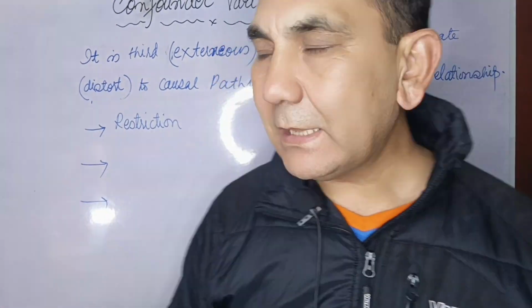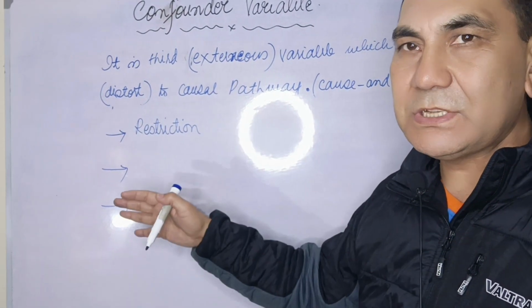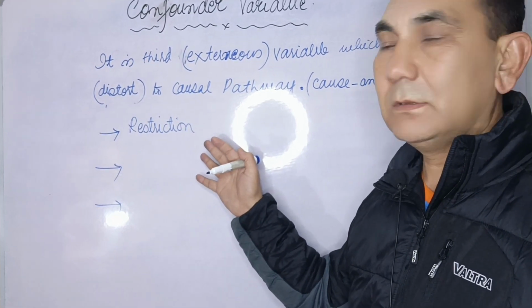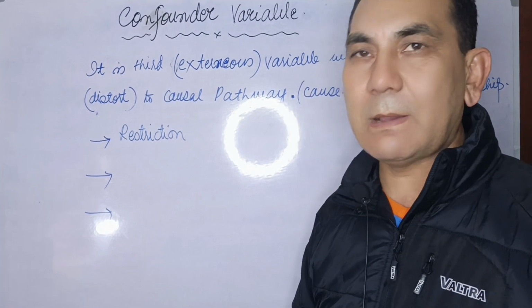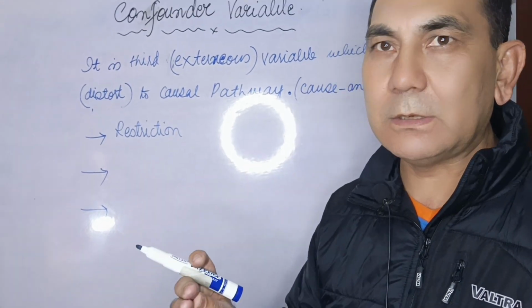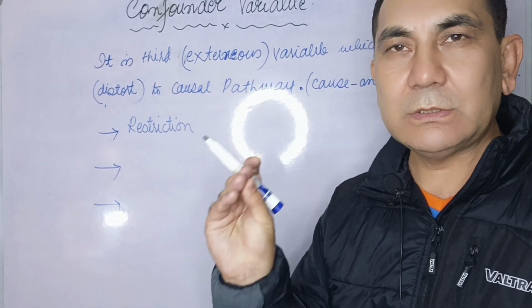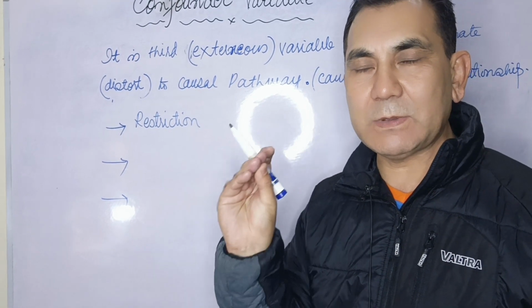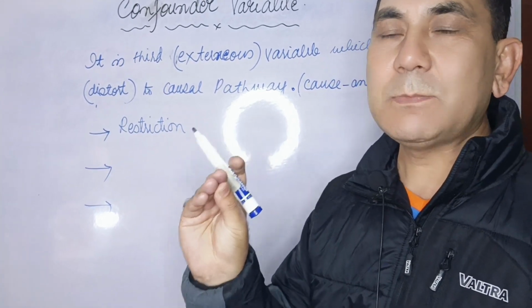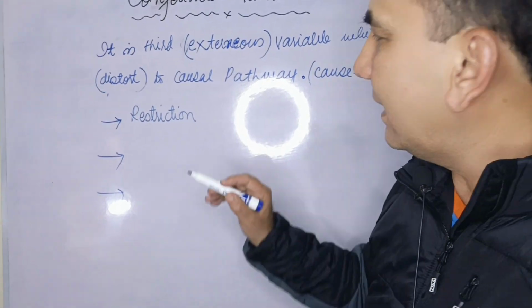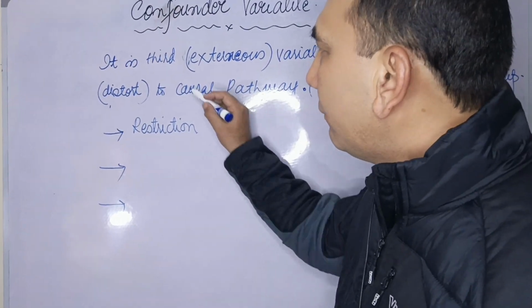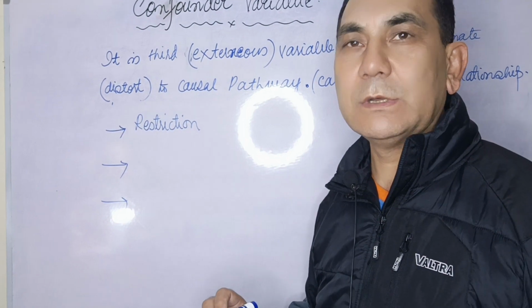Every method has some advantages and disadvantages as well. Restriction means restricting the sample to a specific population, a specific age, a specific sex, and a specific education level. So restriction is another method which controls the confounder.